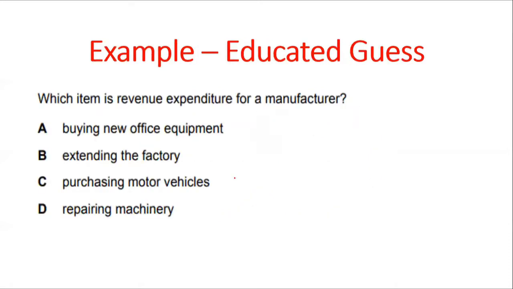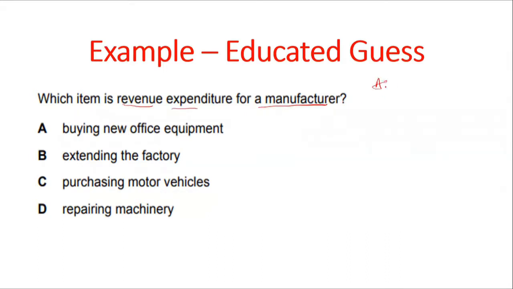So let's look at an example on how to use educated guess using a multiple choice. Of course, this is an accounting multiple choice, and my channel is on accounting, so I would be using accounting multiple choice. Which item is revenue expenditure for a manufacturer?